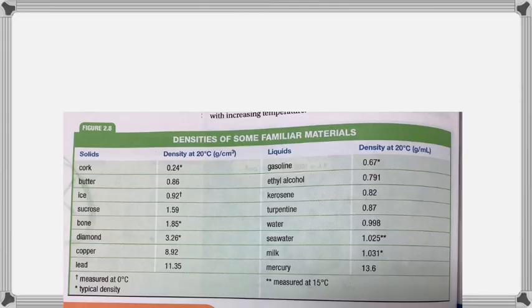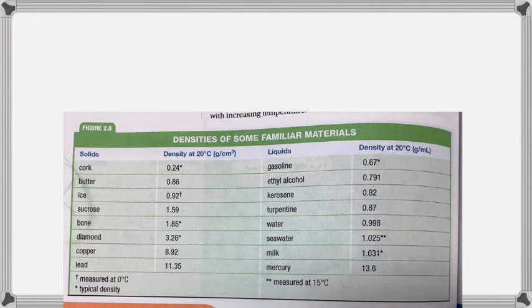Okay, I have added a figure that was not in the PowerPoint. This is coming straight out of your book, and it's looking at densities of some familiar materials. You have everything from your typical water, you have cork, butter, ice, you have some metals in there, you've got other liquids like your alcohol, kerosene, and then it gets on into milk and mercury.